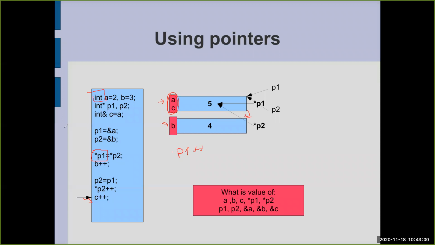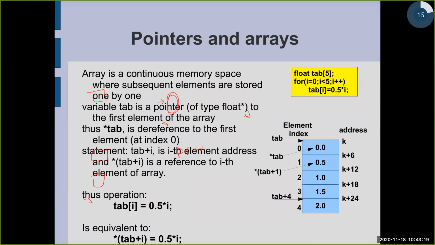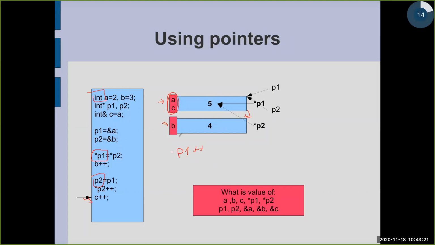But only using the reference. If we don't use the reference, we directly try to get access to address. So we modify the address of pointer, so value of pointer.